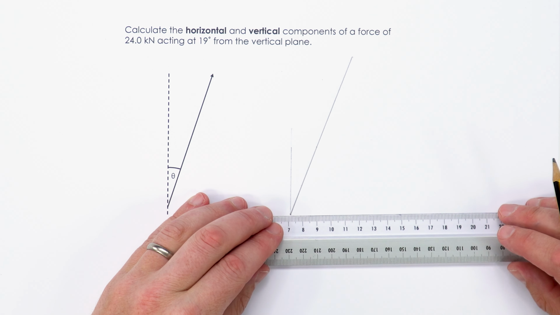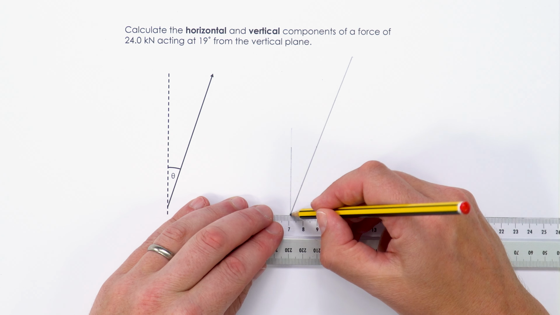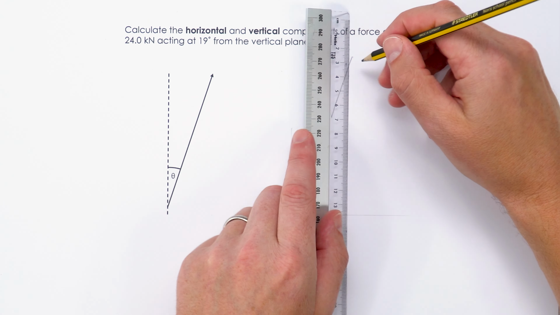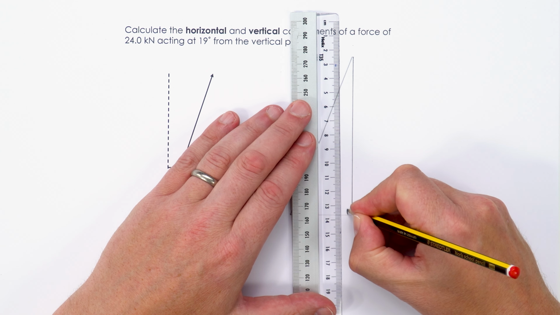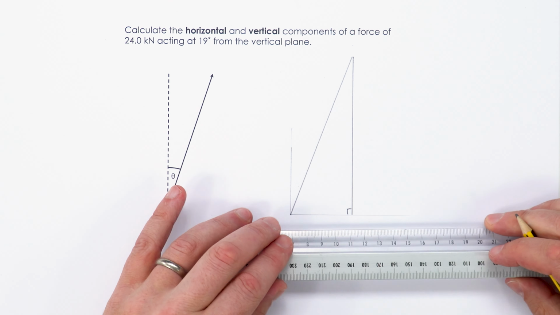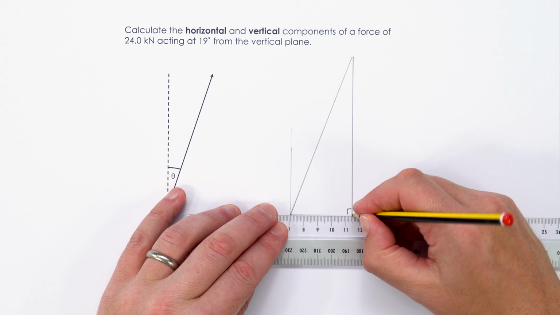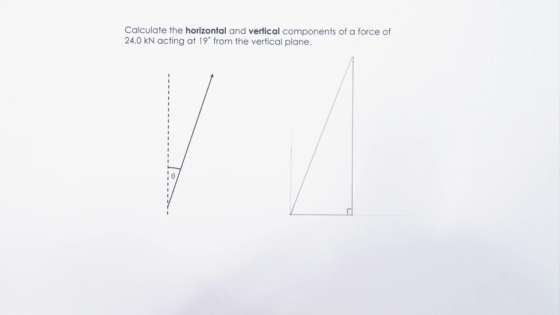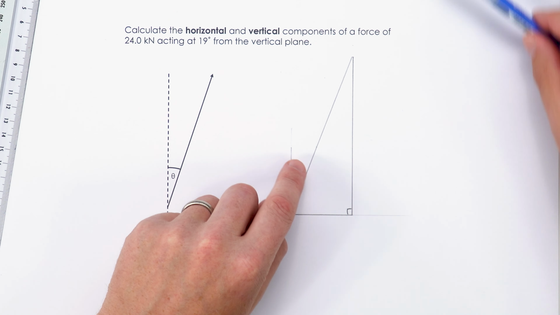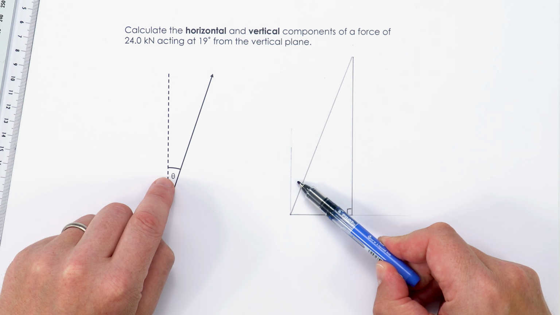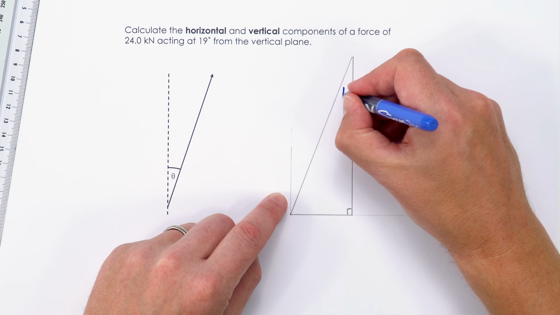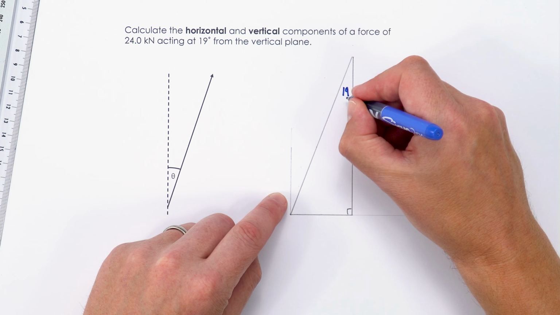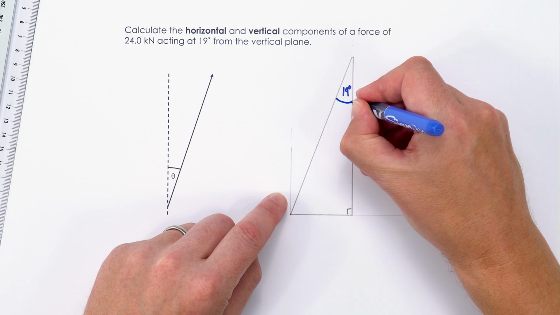Now the next thing I'm going to do is just draw in a horizontal line and a vertical line. And this allows me to draw a triangle with a right angle to represent both the horizontal and vertical components of that force. Now, this angle in here is equal to 19 degrees, but we've got a Z angle here, and therefore this angle up here is going to be equal to 19 degrees as well.